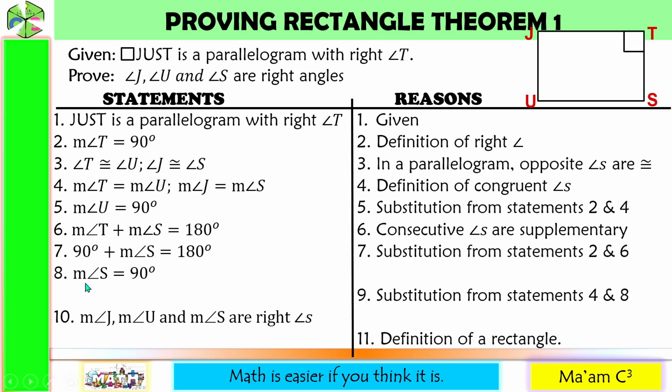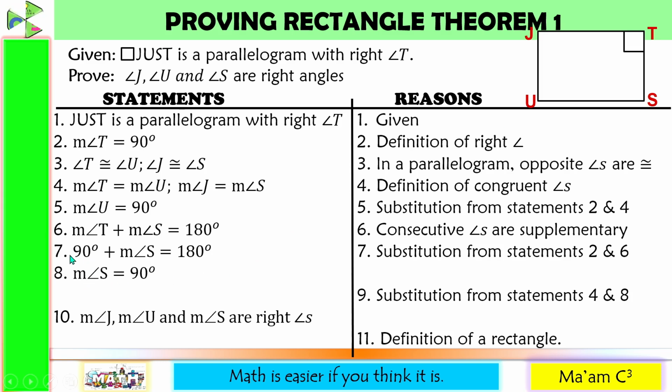Next statement here is that angle S is equal to 90 degrees. Here is angle S. We were able to prove already that angle T is 90, that angle U is 90. Now, we have to prove that angle S is 90 degrees. And how are we going to do that?